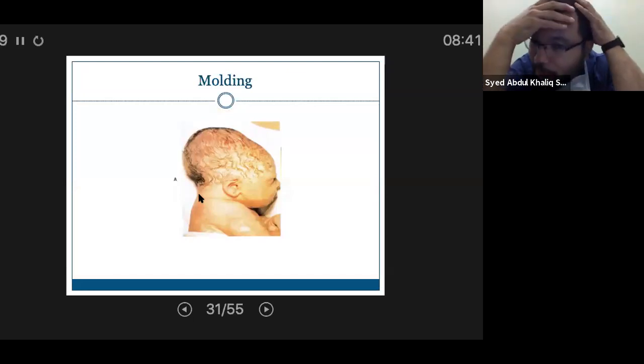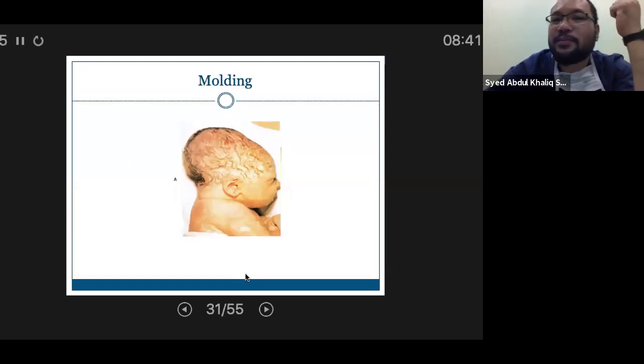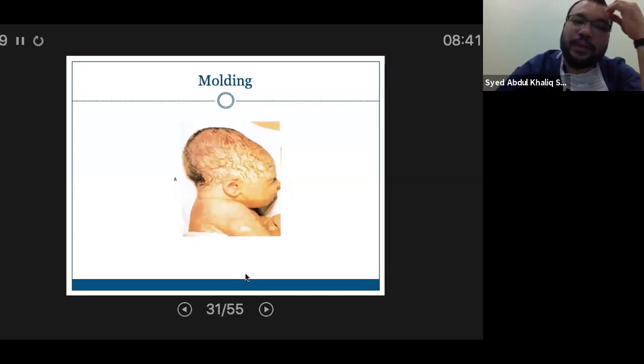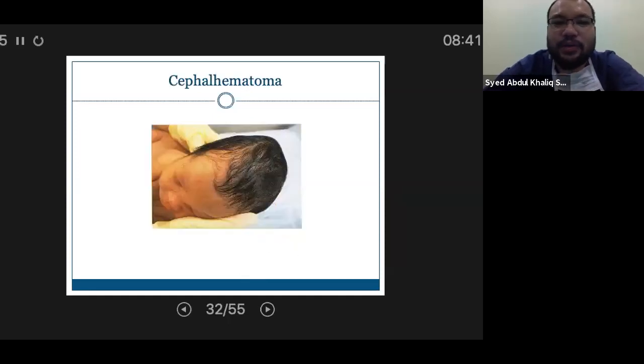So if it is compressed, it is not abnormal. The head is not abnormal. It's just because of molding of the head inside the mother's pelvis. So usually this will normalize after not so long. So cephalohematoma, that's one side.